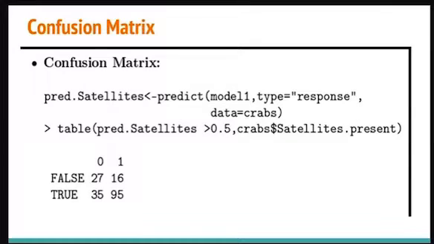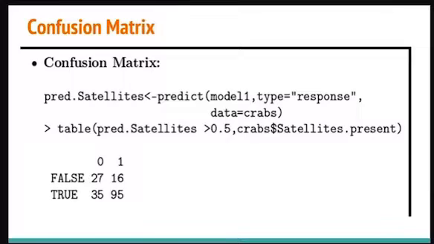If you choose a particular model and write type equal to response, with the data you're using, we're going to have some predicted values, and we're also going to have the original observed values. We place a threshold of greater than 0.5.